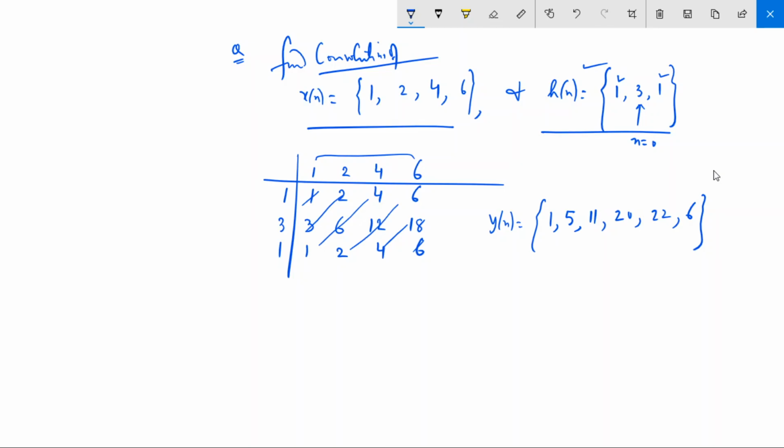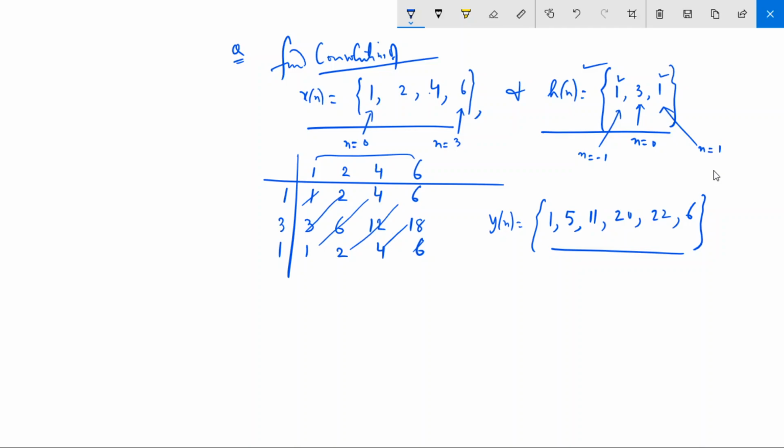Now the lower limit of x is n equal to 0. It starts from n equal to 0, 1, 2, then 3. This is n equal to 3. And h starts from n equal to minus 1 and ends at n equal to 1.